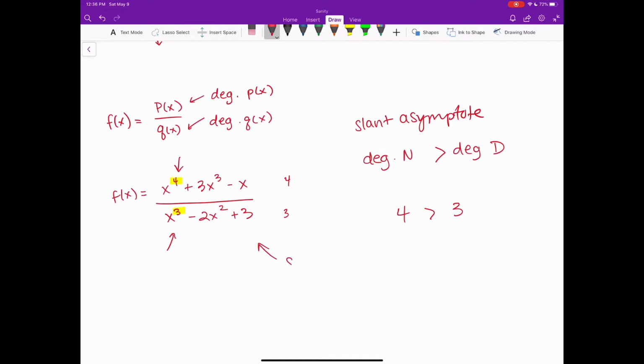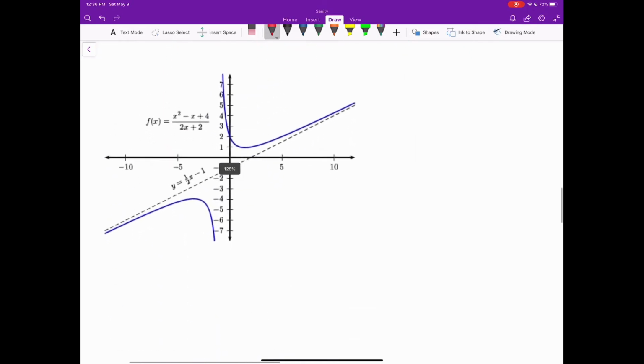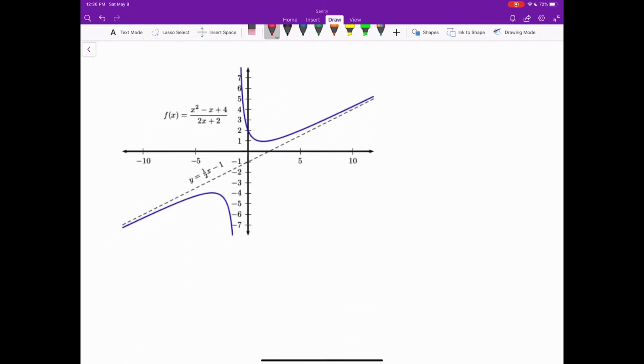This function would have a slant asymptote. Alrighty. So that's kind of the rule. If the degree in the numerator is higher than the degree in the denominator, then your function will have a slant asymptote. Let's look at 3 more examples that all have slant asymptotes so we can see this.